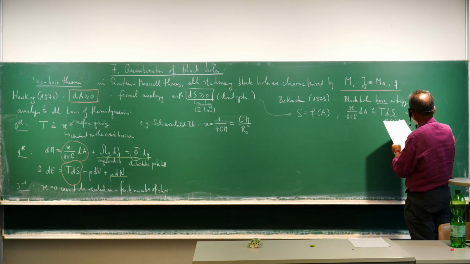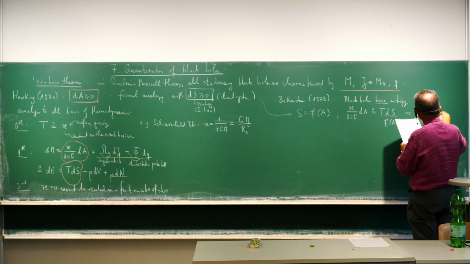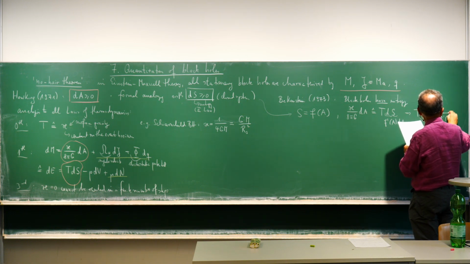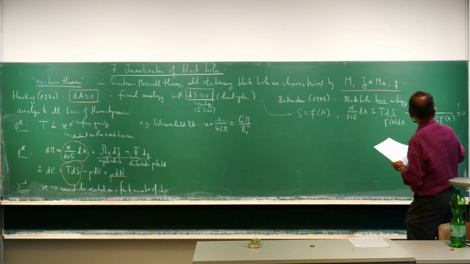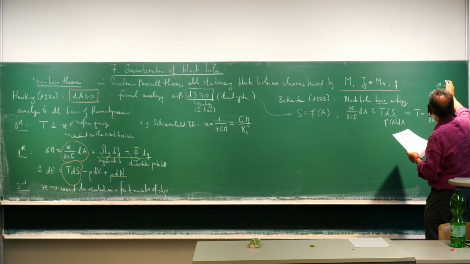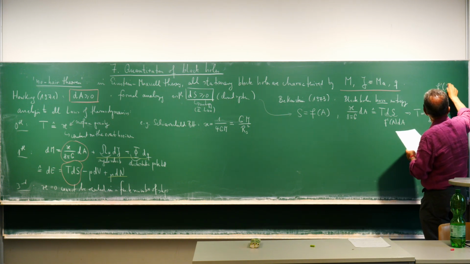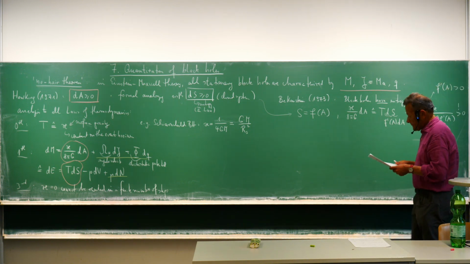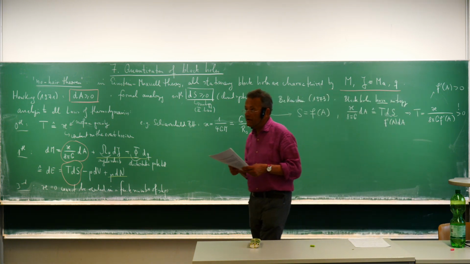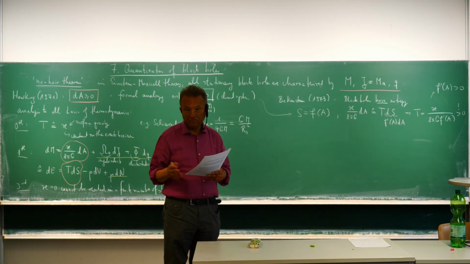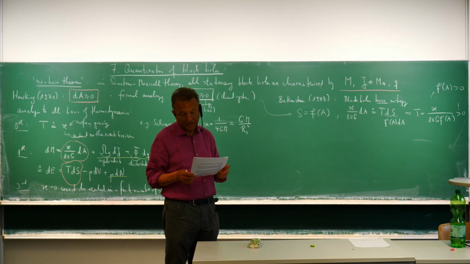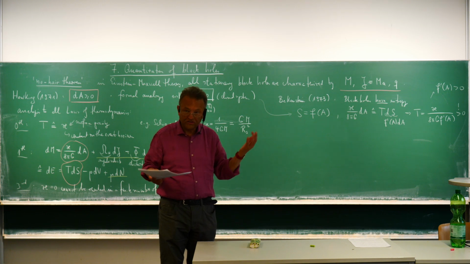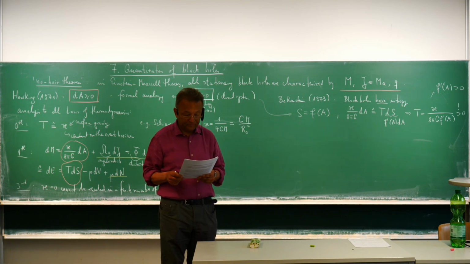So from here you get T is kappa over 8 pi G f prime of A. Of course, this must be positive. Temperature must be positive, which means that f prime of A must be positive. So the simplest would certainly be to assume that the temperature does not explicitly depend on the area. You would just have f prime equal to 1, say, and f proportional to A.